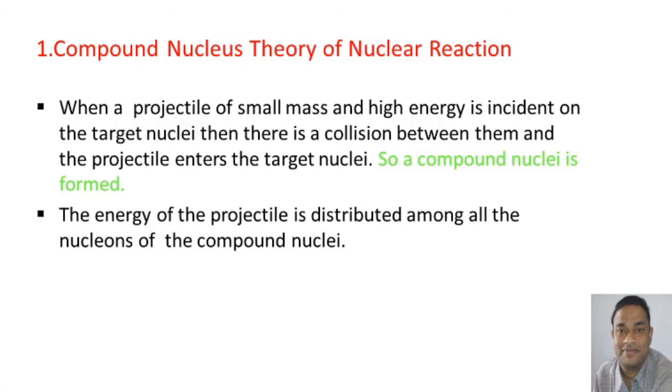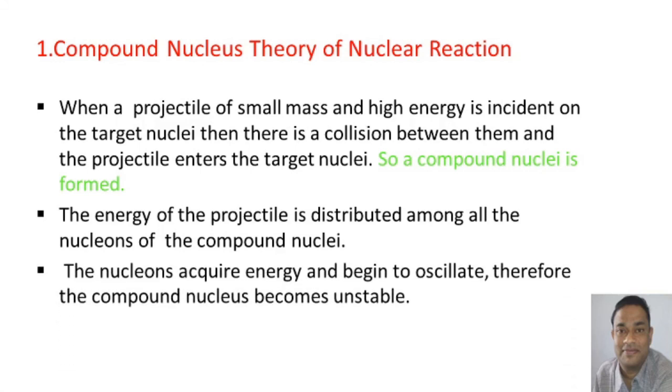Now we have seen that the projectile has very high energy. The energy of the projectile is distributed among all the nucleons of the compound nucleus. So the nucleons acquire energy, they begin to oscillate, and therefore the compound nucleus as a whole becomes unstable.